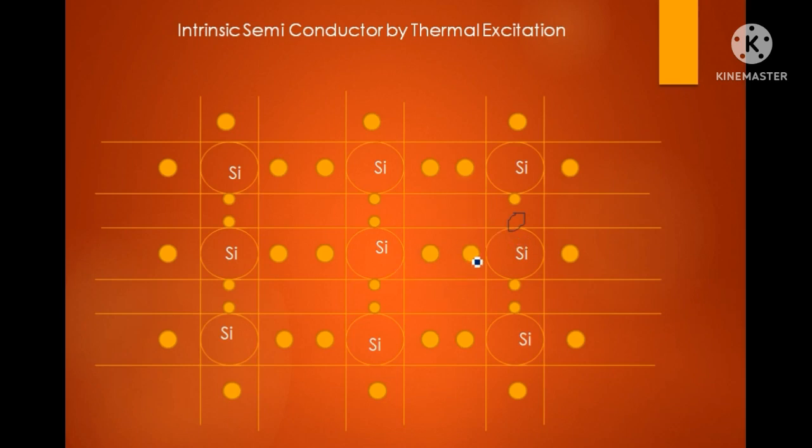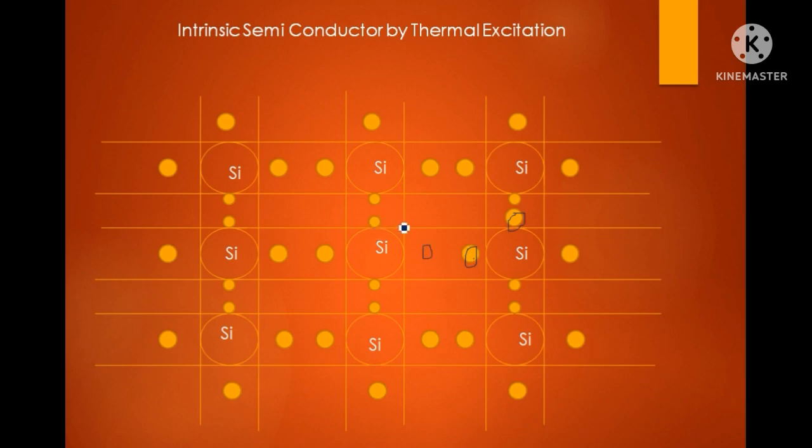Suppose this electron is attracted, so it will move from this position to this position, and now here a vacancy is created. Here is the position where an electron is absent, so basically a hole is created. Now suppose this electron is attracted towards this hole, then it will move from this side to this side, and here again a hole is generated.